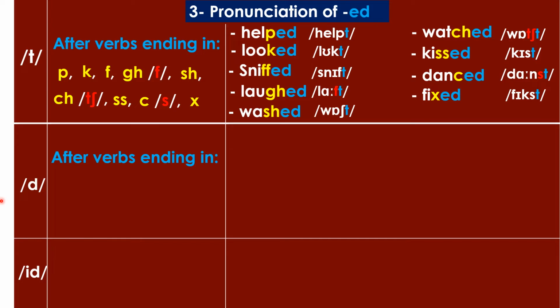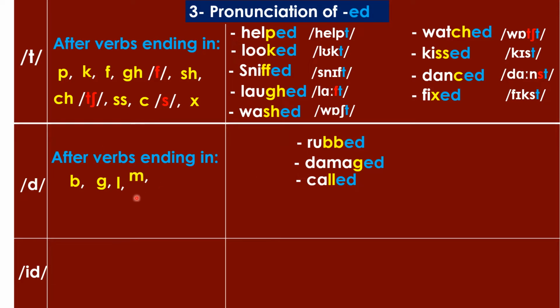So let's have a look at the verb endings after which the ed is pronounced as d. After the letter b, as in rubbed. Also the g sound, damaged.